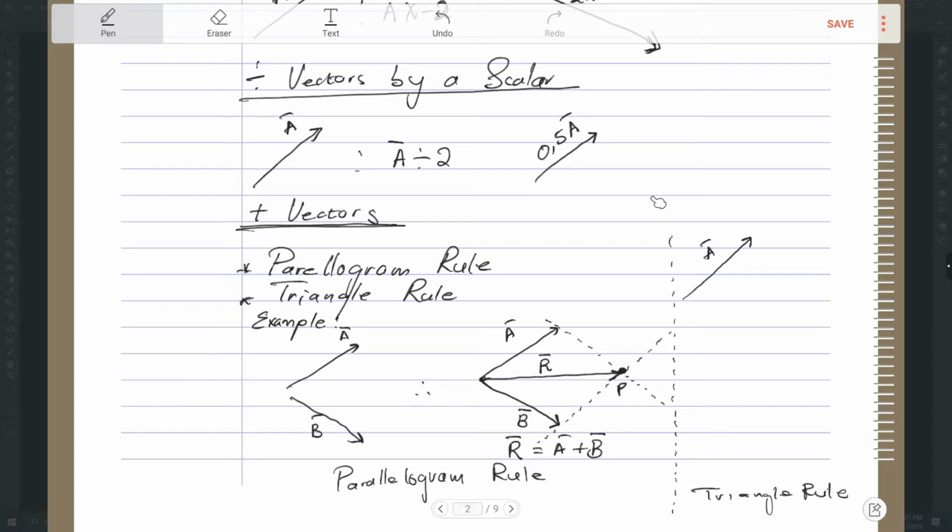If I'm adding A to B, I'll draw my vector B's tail at the tip of vector A. Remember, we're still using the same example. So my resultant vector, let's call it R, will be vector A plus vector B. That's how you do vector addition using the two methods. Remember, the triangle rule comes directly from the parallelogram rule.